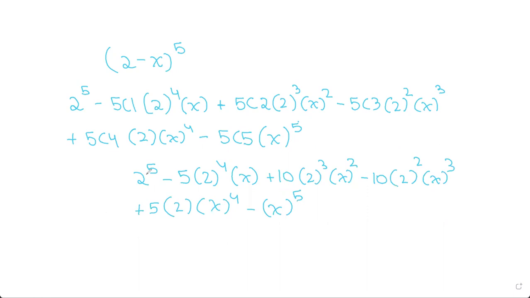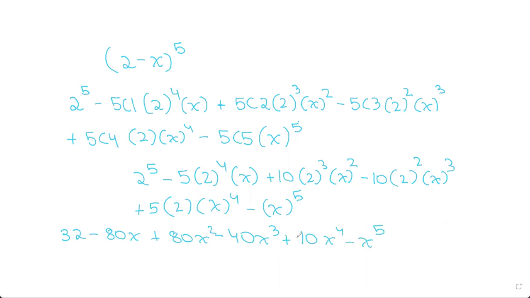So now if we simplify this, 2 to the power of 5 is 32 minus 80x, because 16 into 5 is 80, plus 80x square minus 40x cube plus 10x to the power of 4 minus x to the power of 5.